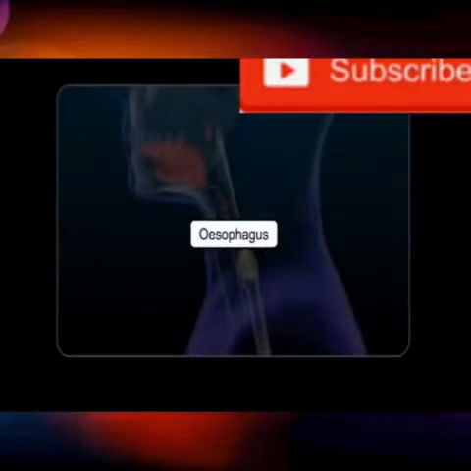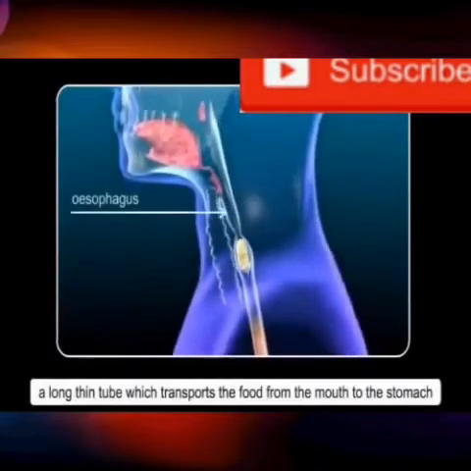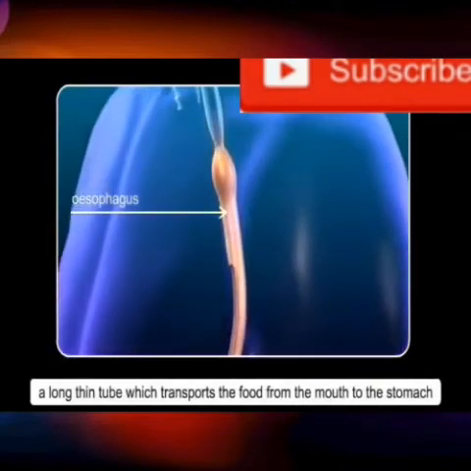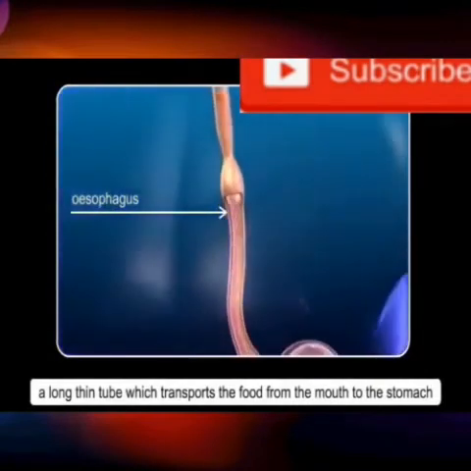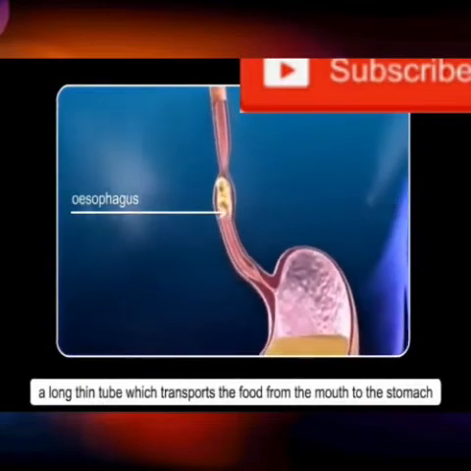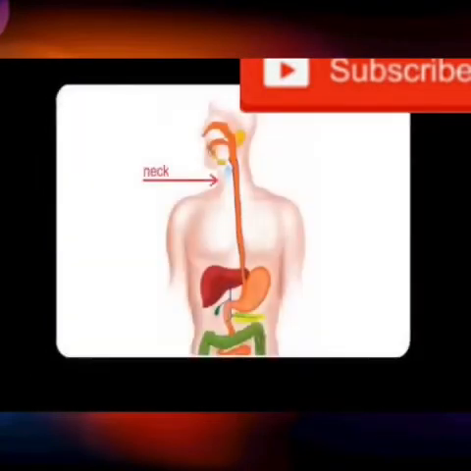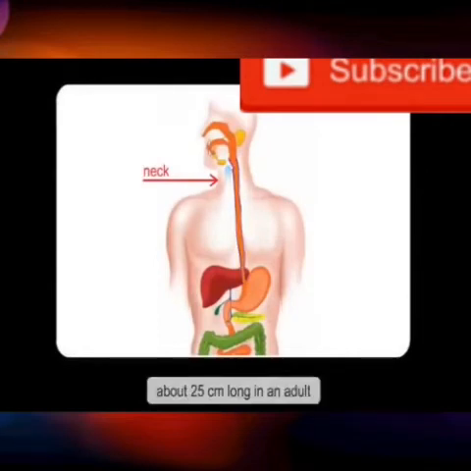Let's look at the esophagus. Now, the esophagus is a long tube which transports food from the mouth to the stomach. It is found inside our neck, and it's about 25 centimeters long in an adult.